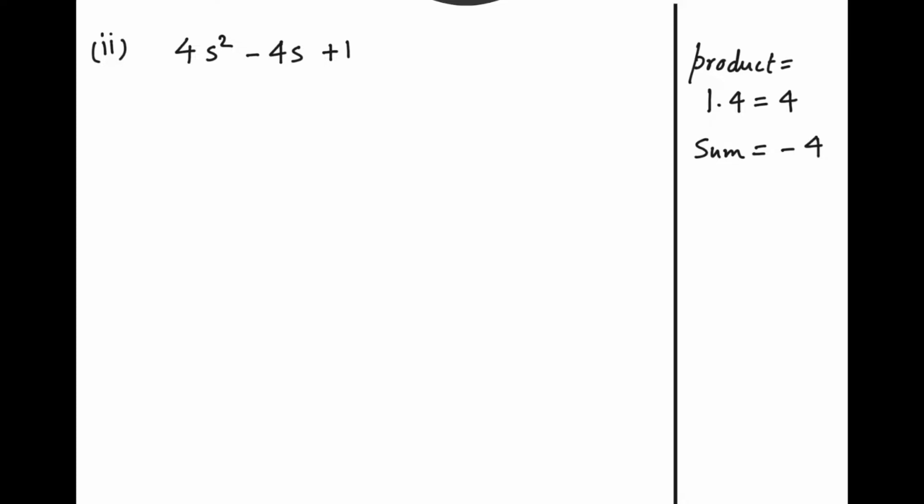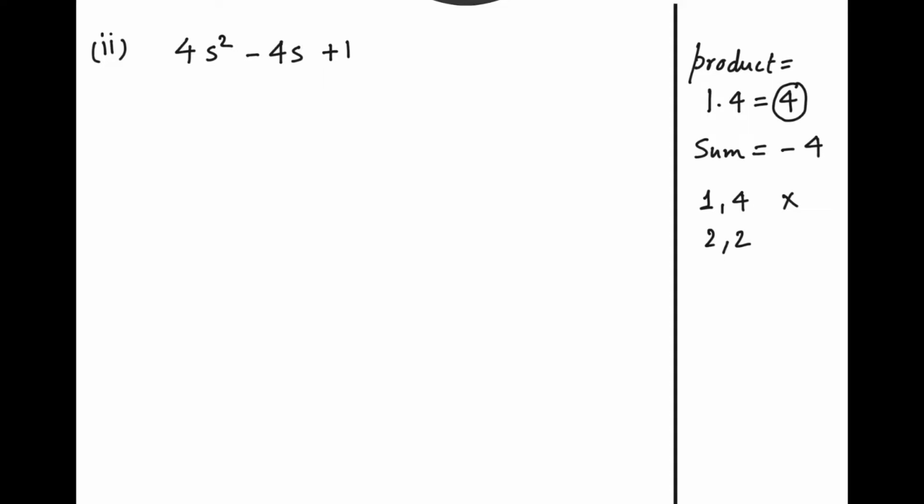We start by looking at the product term, which is 4. We need to find all the factors of 4. The factors of 4 are 1 and 4, and 2 and 2. If we look at 1 and 4, their product would be 4, but their sum can never be minus 4, so we are ignoring this pair.